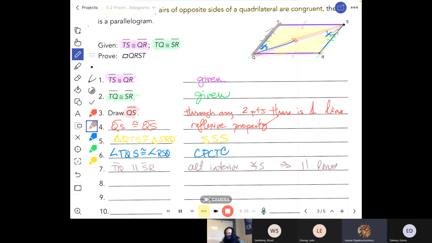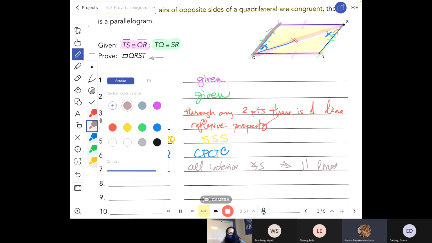We're trying to prove it's a parallelogram, so we worked with one set of alternate interior angles. Do we want to say anything about any other ones?